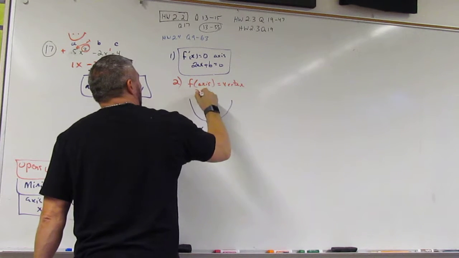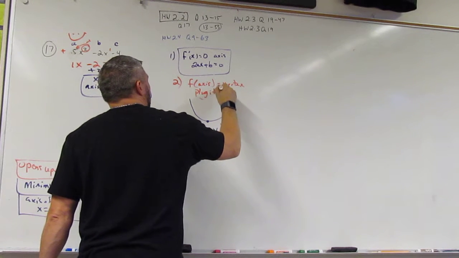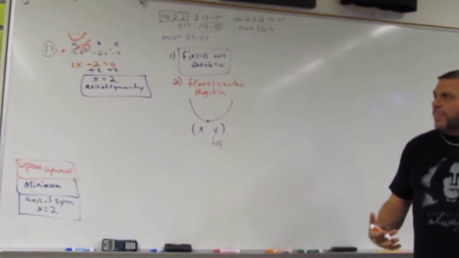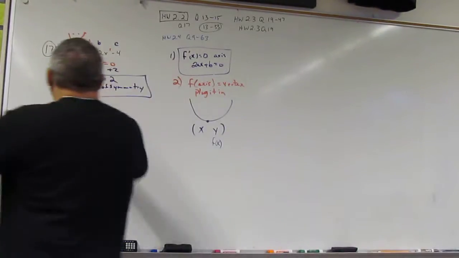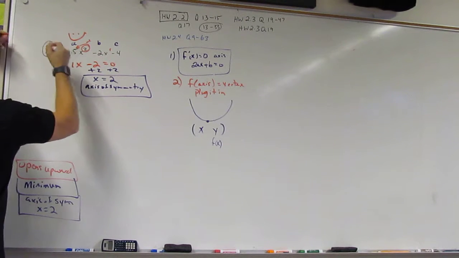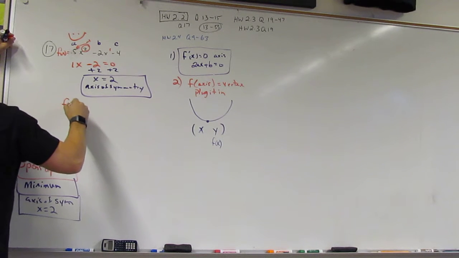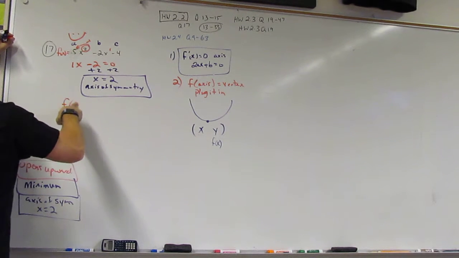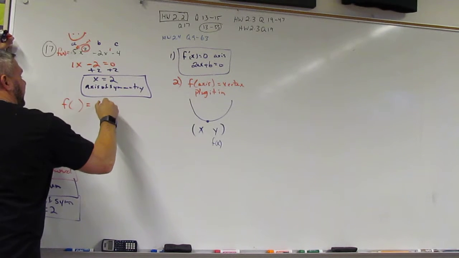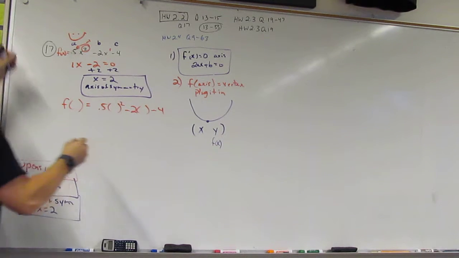In other words, plug it in. That's it. Just plug it in. Okay? So I take this formula, this function, f of x, and I say f of 2 is equal to 0.5x squared minus 2x minus 4.